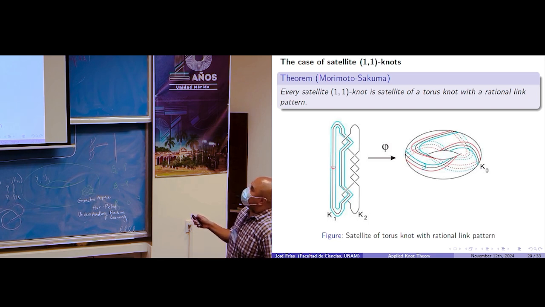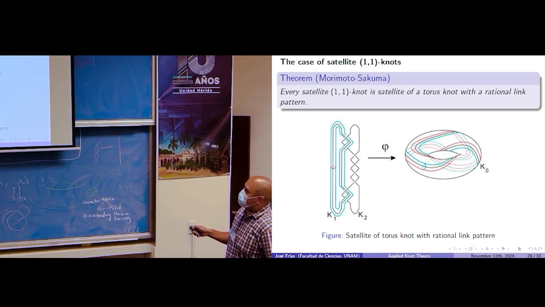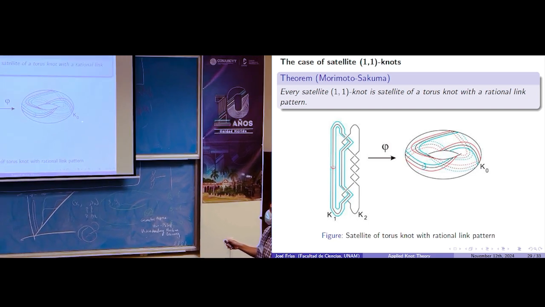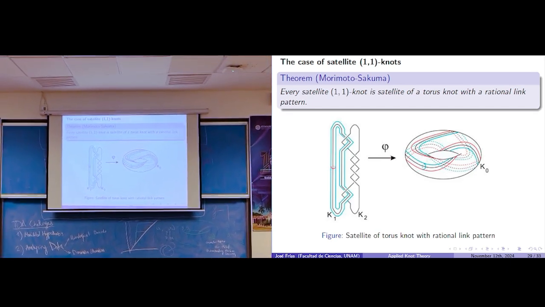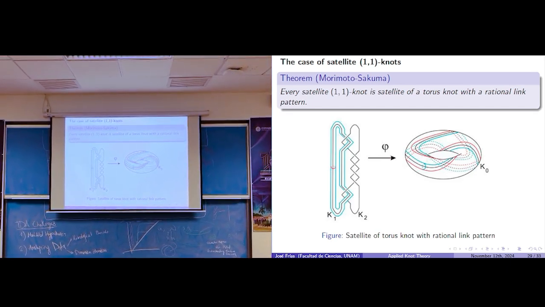So what do these words mean? Well, I think torus knot, you know what it is, right? This is a torus knot. And here we have the rational link pattern, yeah? It's also called a two-bridge link. These are the bridges, yeah? And how's the construction? Well, look, this framed knot is trivial.